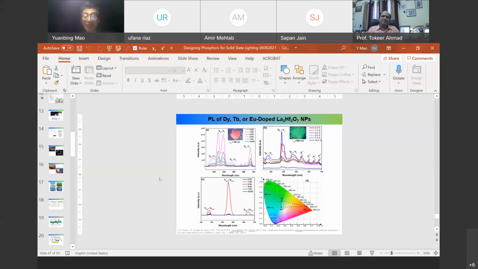Obviously, LEDs are more efficient, and the lighting process is already more efficient. So overall, when we combine it with, for example, water splitting, that will improve the overall efficiency. So definitely LED could be preferred.